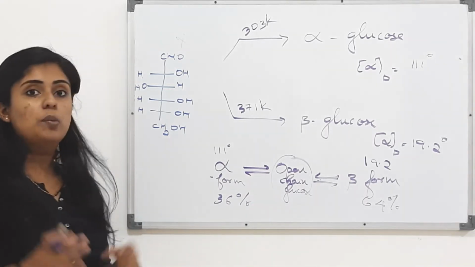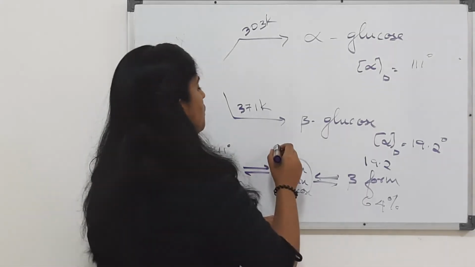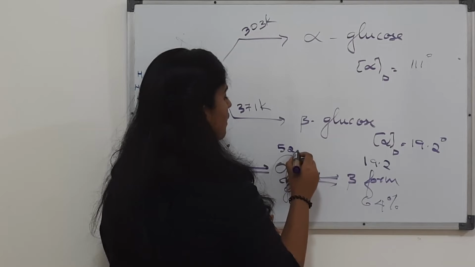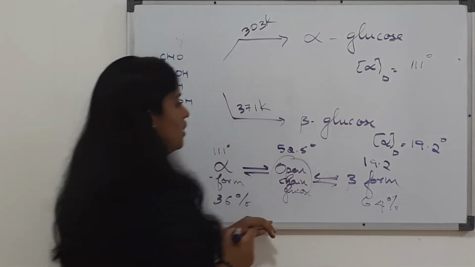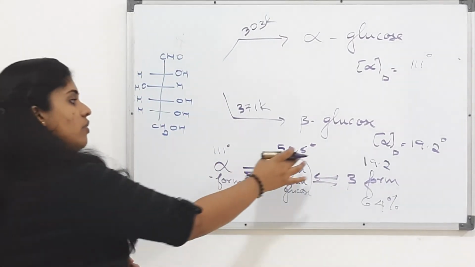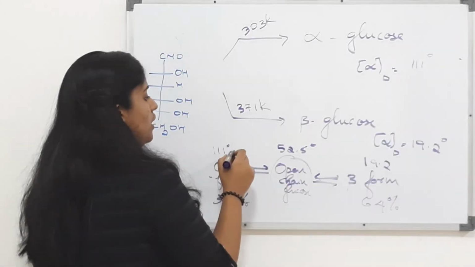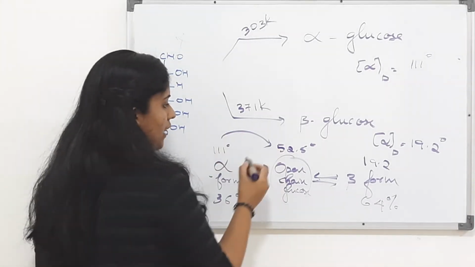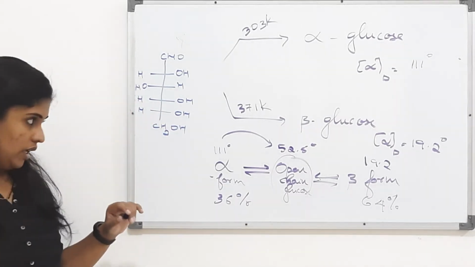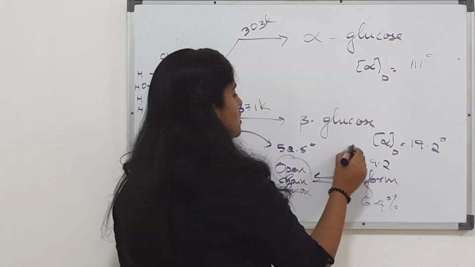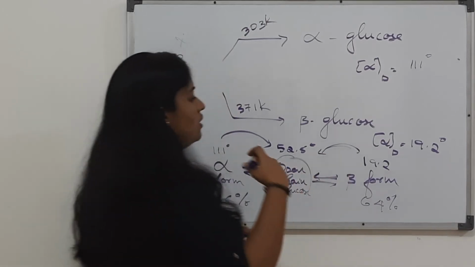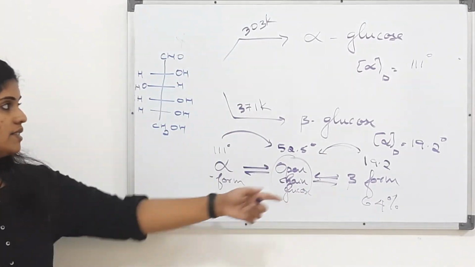At the equilibrium, the specific rotation would be 52.5 degrees. So for alpha, its specific rotation slowly decreases to 52.5. For beta, its specific rotation slowly increases and reaches 52.5. And this is the equilibrium.